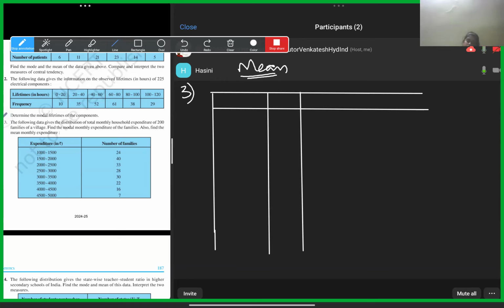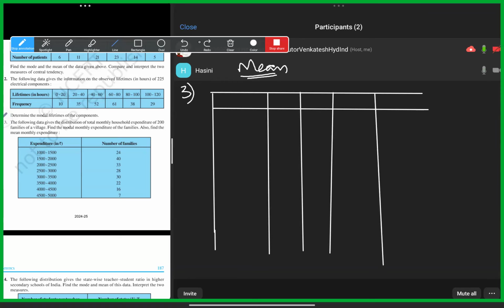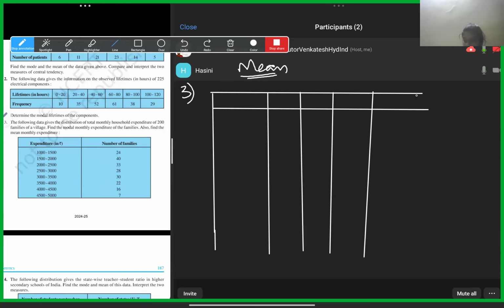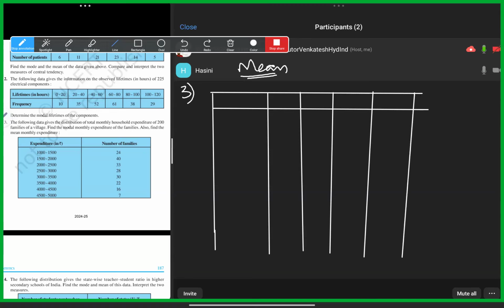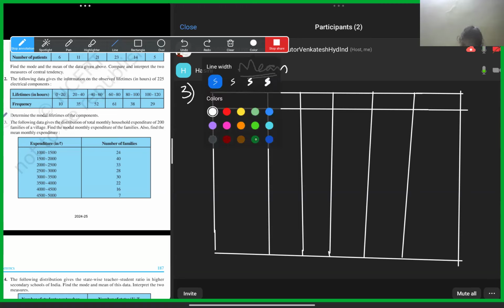So frequency, xi column, di is equal to xi minus a column, and ui is equal to di by h, ui column. And finally fi ui column. These many columns will come, because I decided to do step deviation.